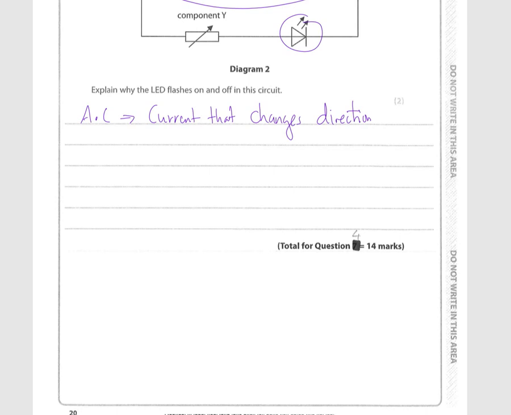Now, the second one we need to talk about is the LED. Now, the LED is a light emitting diode. It is a diode. Now, a diode only allows current in one direction.